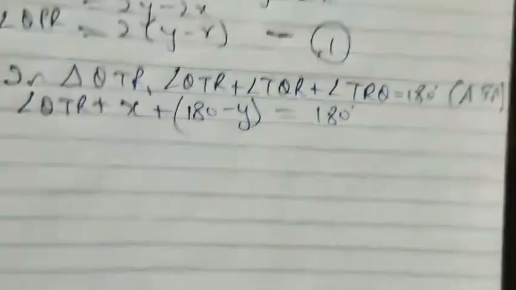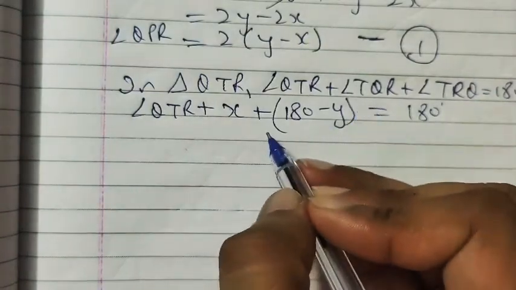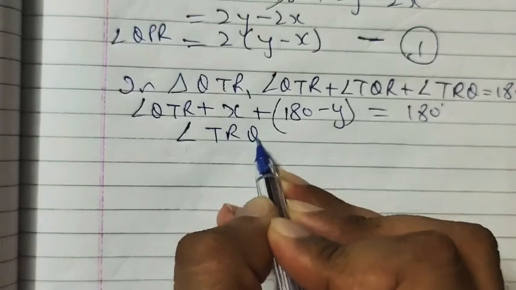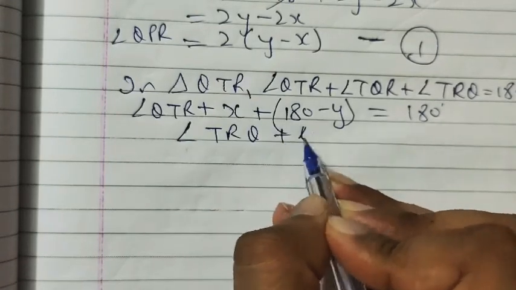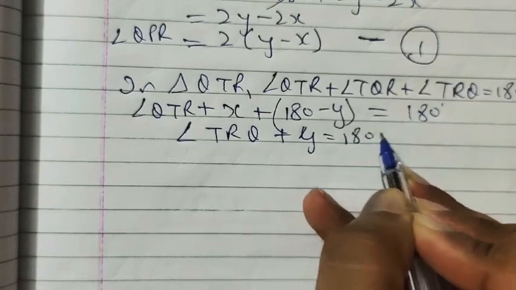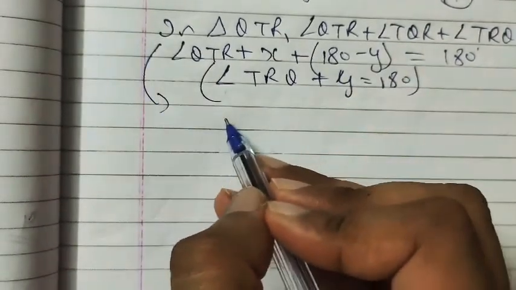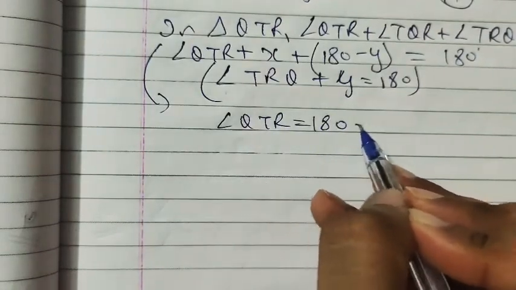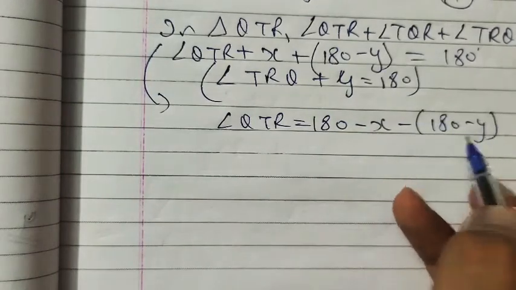So reason, if you want, we can give the reason also. Reason is angle TRQ plus angle y is equal to 180, right? So this is the reason. So from here we can say angle QTR is equal to 180 minus x minus (180 minus y), right?